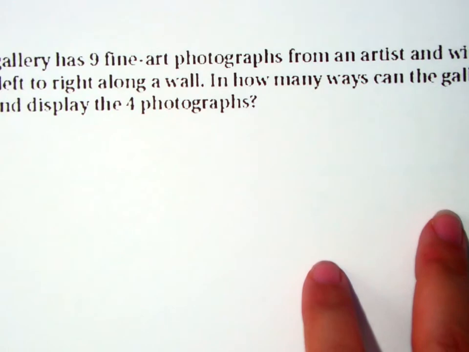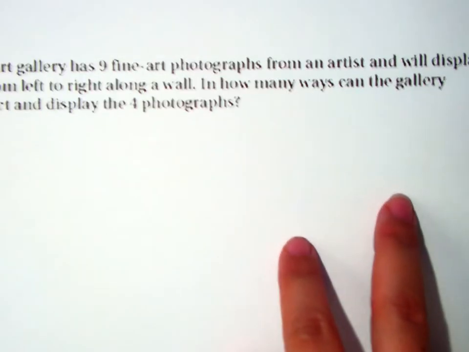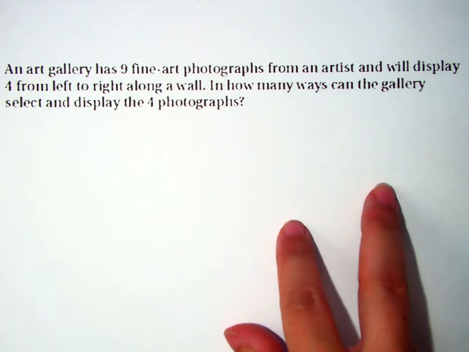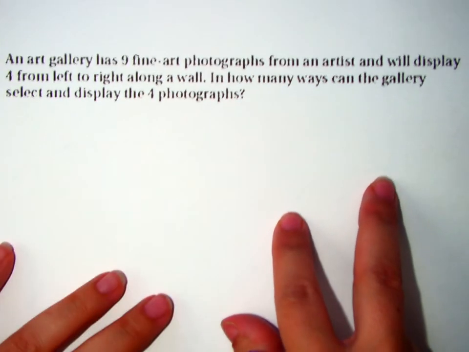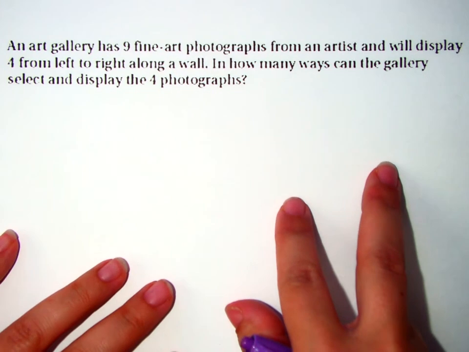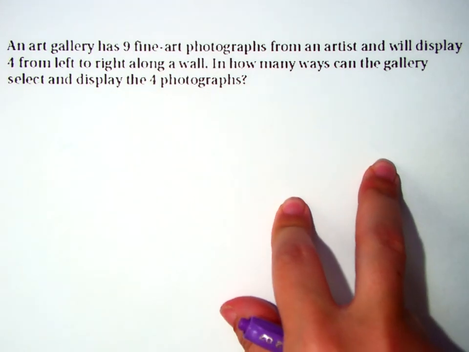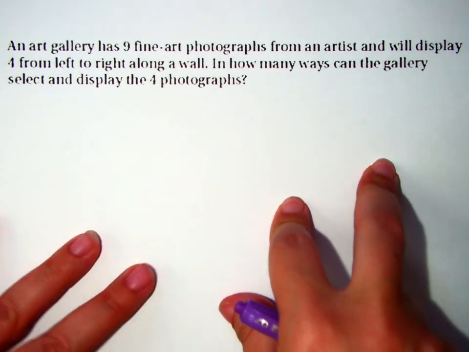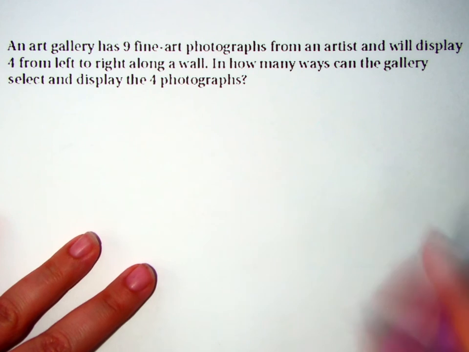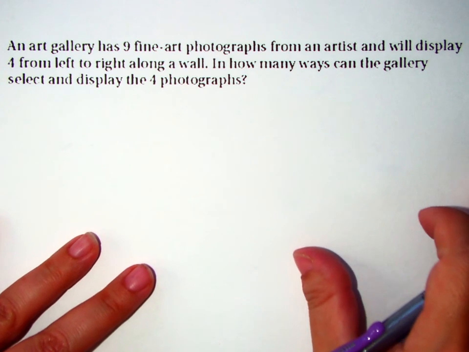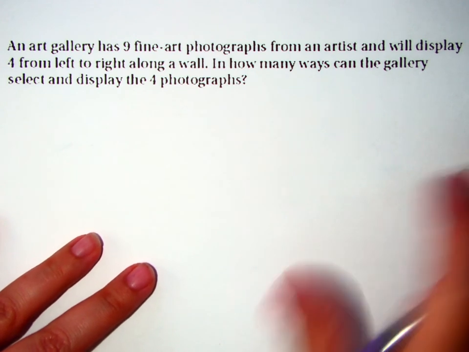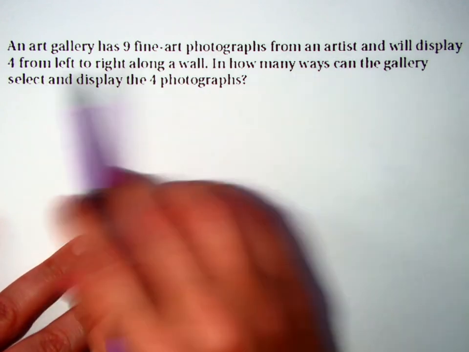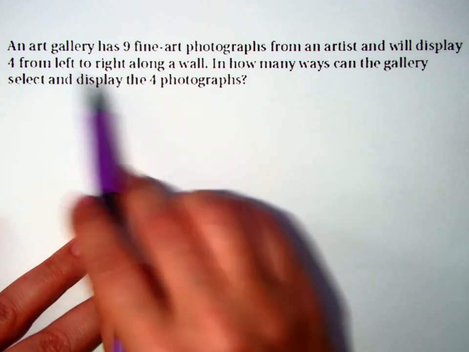All right, our next example is going to be this one. An art gallery has 9 fine art photographs from an artist and will display 4 from left to right along a wall. So does order matter? Yes, because they are displaying it from left to right.